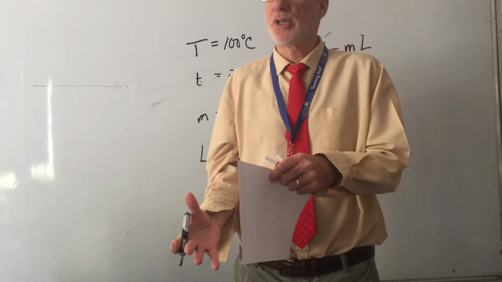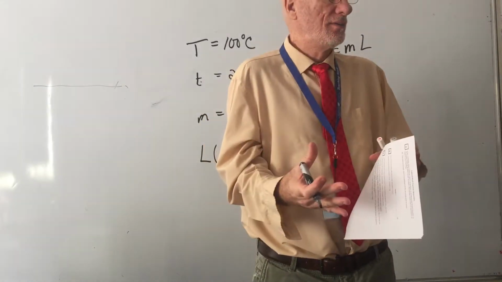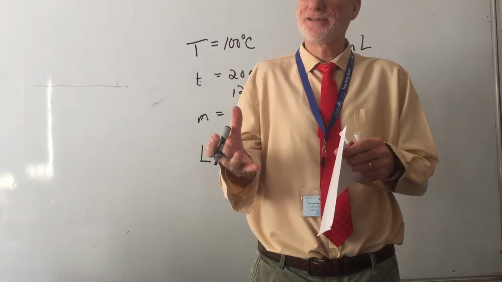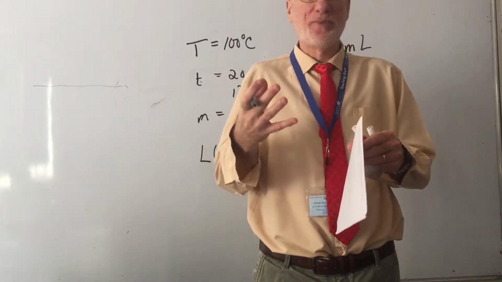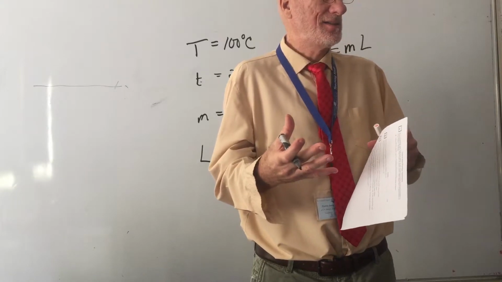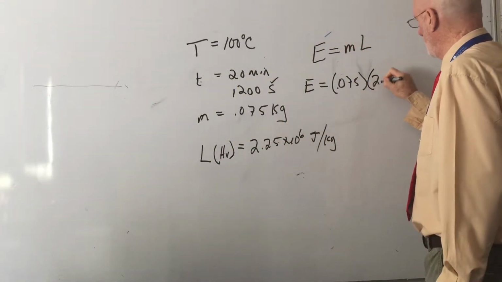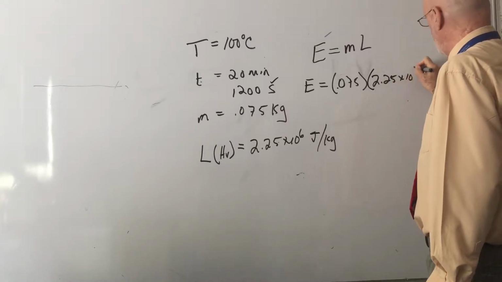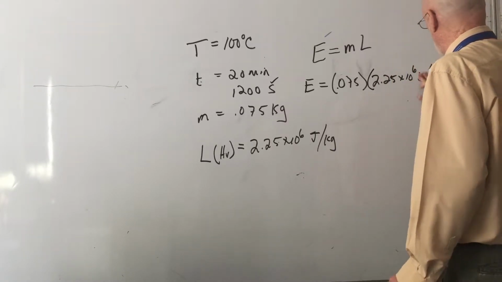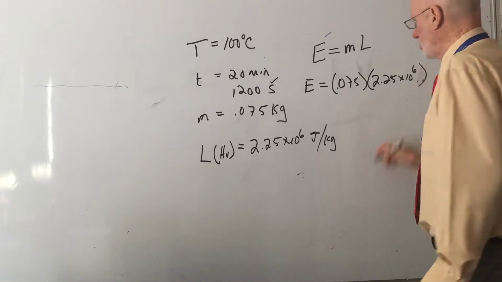We did the dimensional analysis, so you're good. That's why you do dimensional analysis, so that you can simplify your calculations. And then you multiply it by 2.25 times 10 to the 6. We can leave the joules off. So what's that answer?